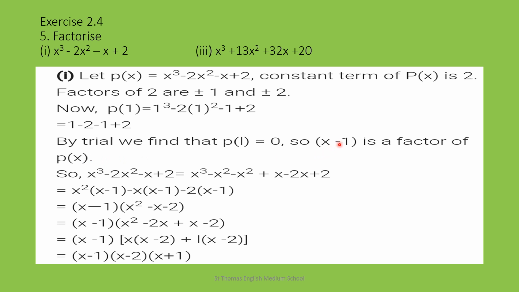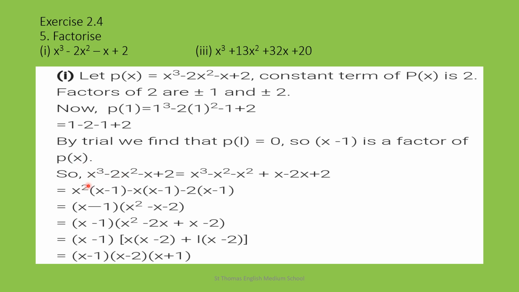To find the other factors, one method is to divide the given polynomial by x minus 1 and you will get a quadratic quotient polynomial, and you factorize the quotient polynomial. Otherwise, you can use the factor theorem here.